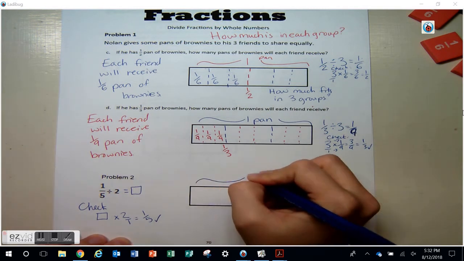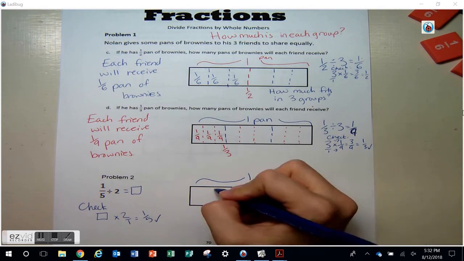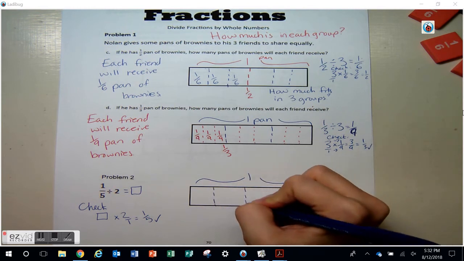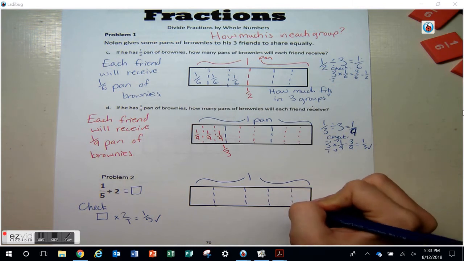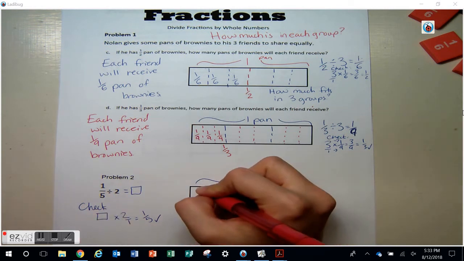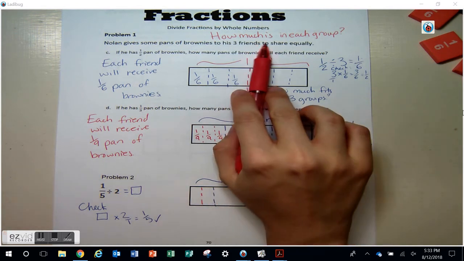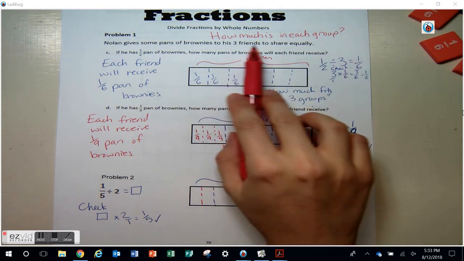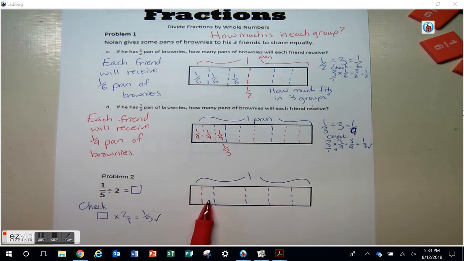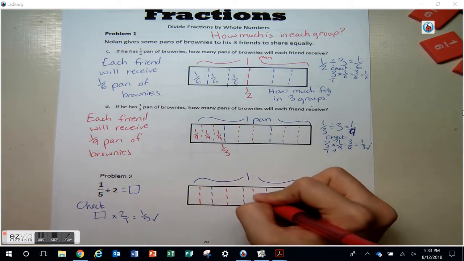So let's look at this problem. This whole thing is going to represent 1. Imagine that this problem is pans of brownies, and I have 1, 2, 3, 4, 5. I know they're not to scale or the same size. I tried my best. And we're splitting or sharing it into 2 groups. Well, how much is in each group? I don't know what that's worth in each group, so I'm going to relate to the whole again.